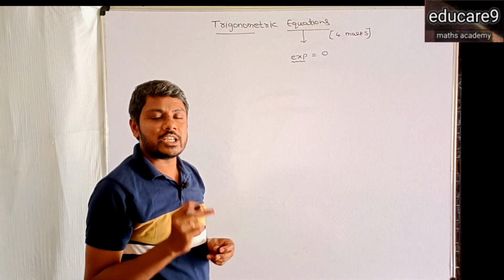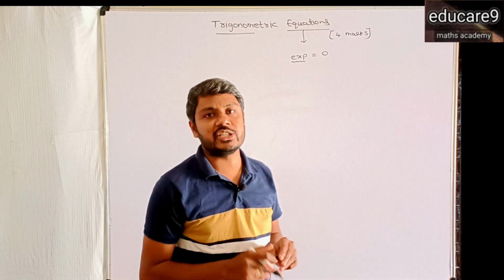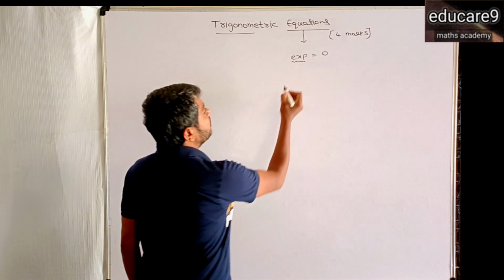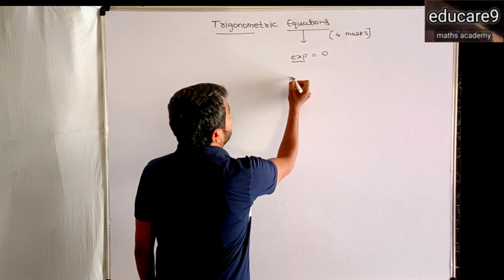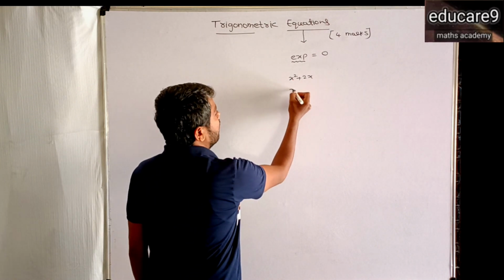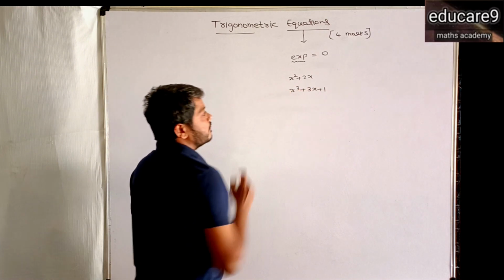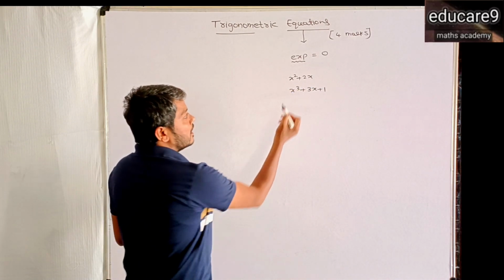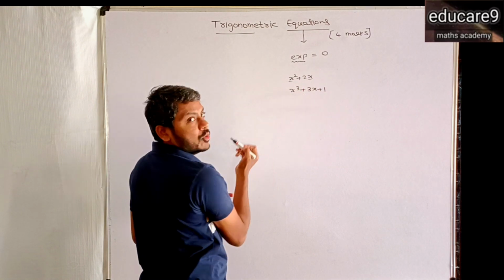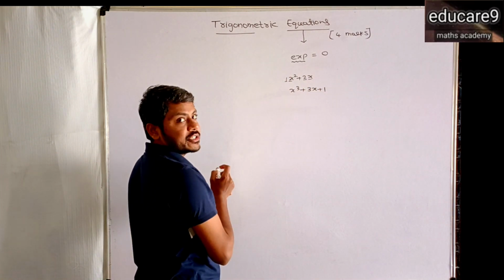Expression means the combination of variables as well as constants. For example, I am writing x square plus 2x, or x cube plus 3x plus 1. Here x is the variable, and 1 and 2 are constants.